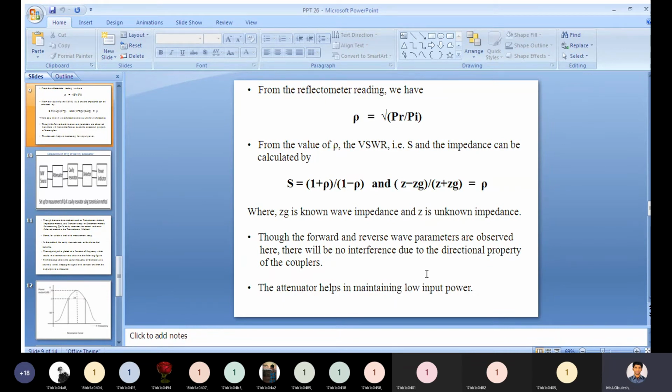If we represent the reflection coefficient in terms of known and unknown wave impedance values, rho equals Z minus Z suffix Z divided by Z plus Z suffix Z. Though the forward and reverse wave parameters are observed here, there will be no interference due to the directional property of the couplers. Therefore, the attenuator helps in maintaining low input power.